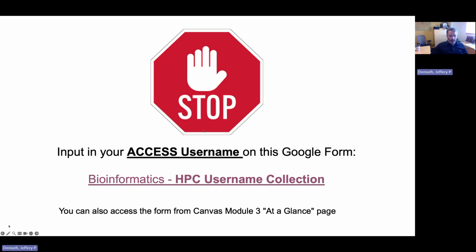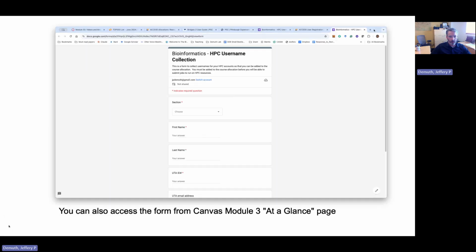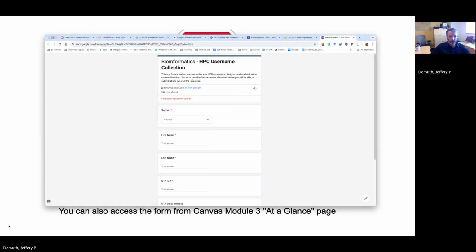Okay, so here I'm saying stop. After you've gone ahead and gotten your Access login, I need you to go to this Google form. So if you click on that, it will bring you to this page.